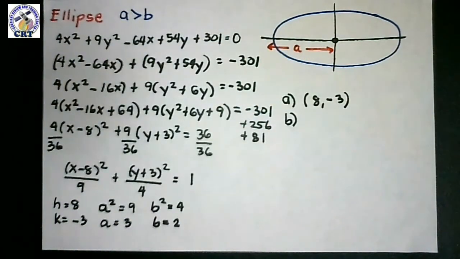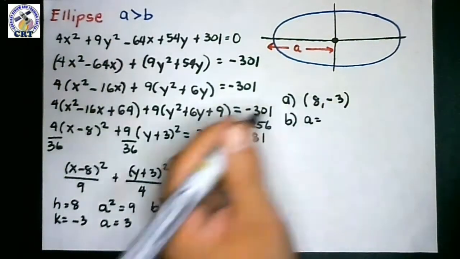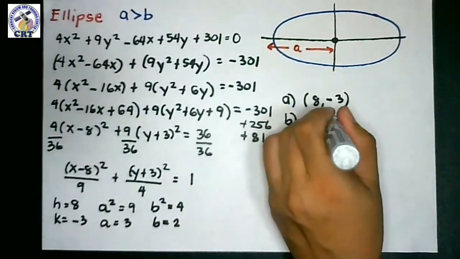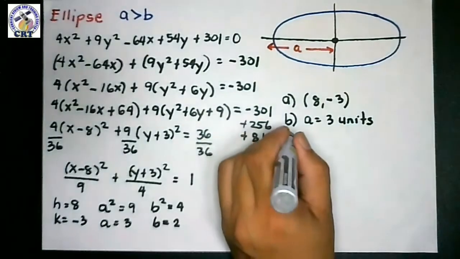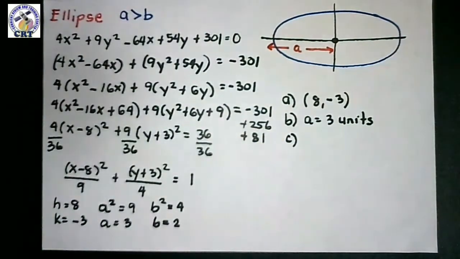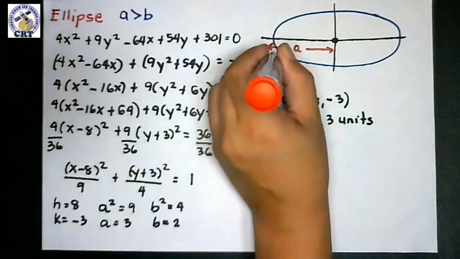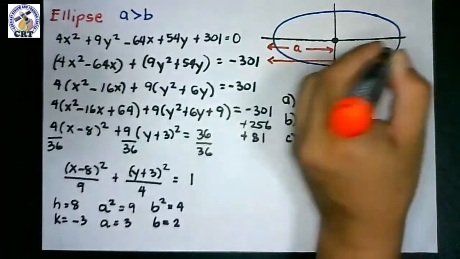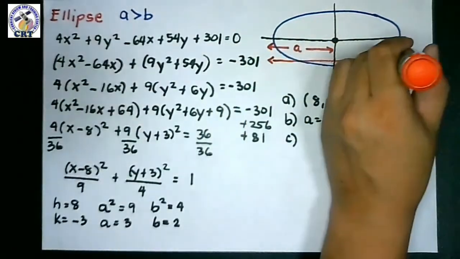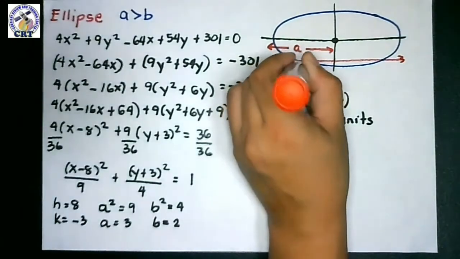So, which is equivalent to A. So, nasolve natin ang A equivalent to 3 units. Letter C, ang question, length of the major axis. Pag sinabi nating major axis, ito naman yung major axis, yung haba na to, which is equivalent to 2A.